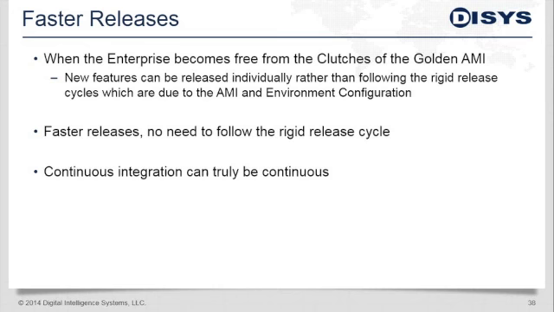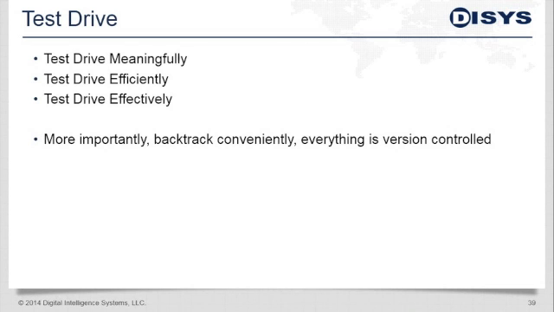More like a corollary to the earlier point: when we have smaller, quicker releases, it is easier to backtrack if there is any problem. It is always easy to take smaller steps and get back smaller steps rather than to leapfrog and go back to an unknown state or to a safe earlier state.